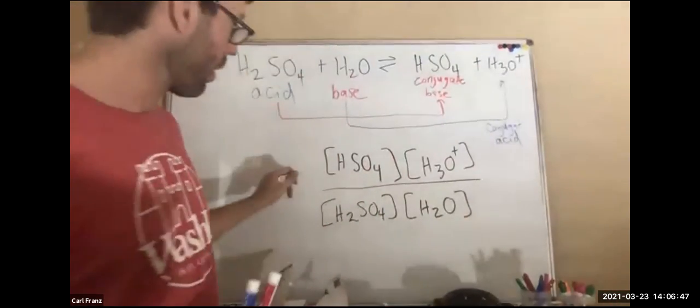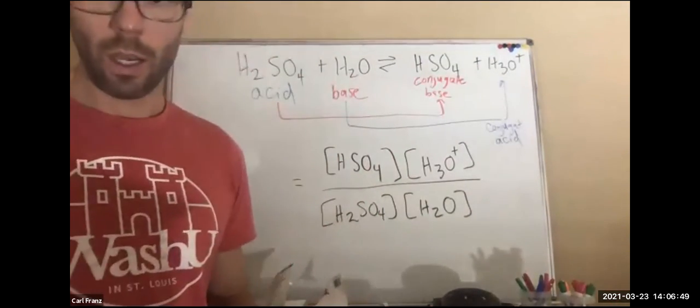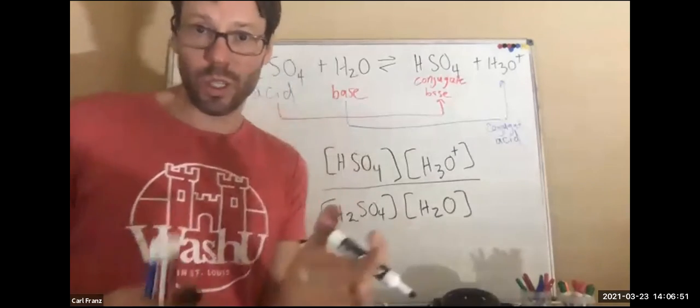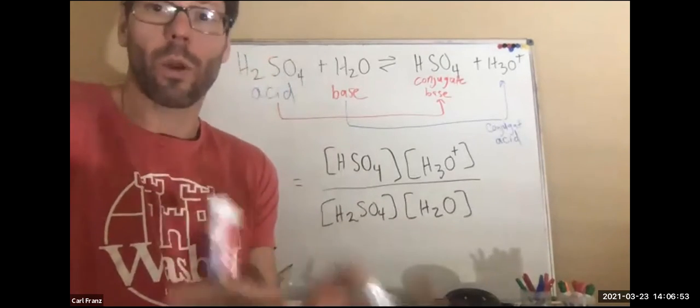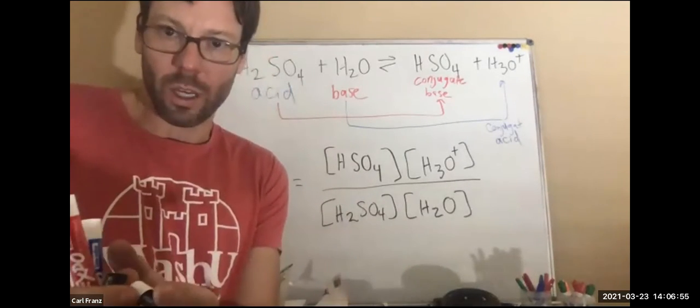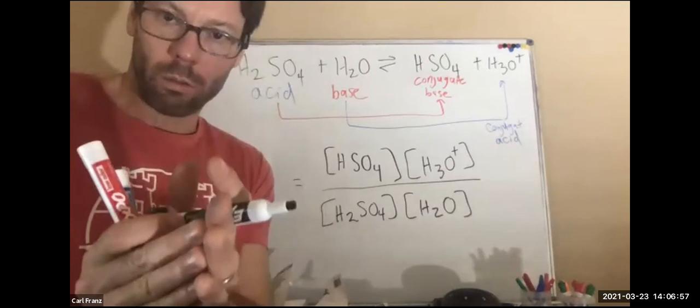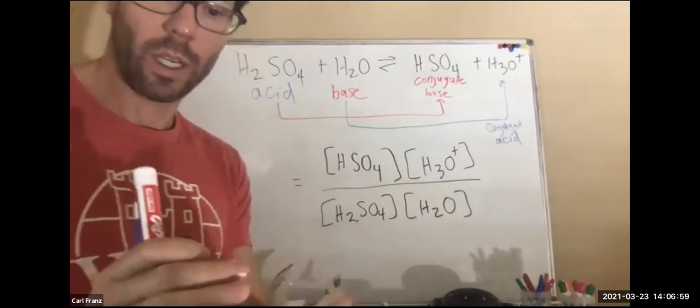And again, we put the H2O in our equilibrium expression, but if we were going to use an ice table, we wouldn't concern ourselves with water for the ice table, okay?